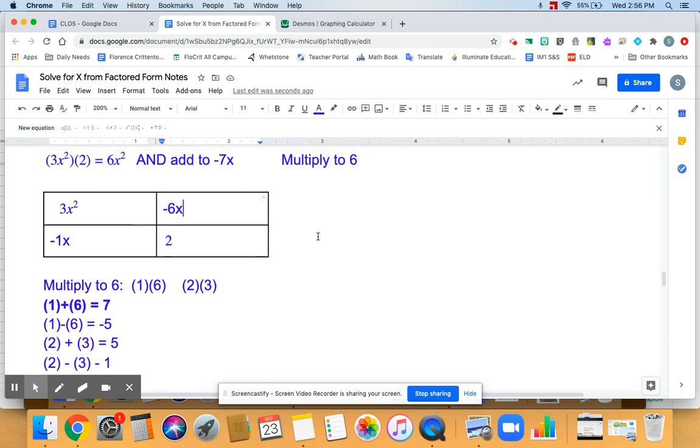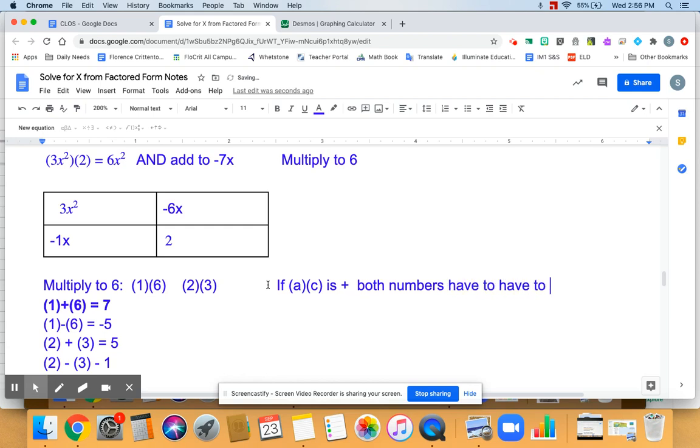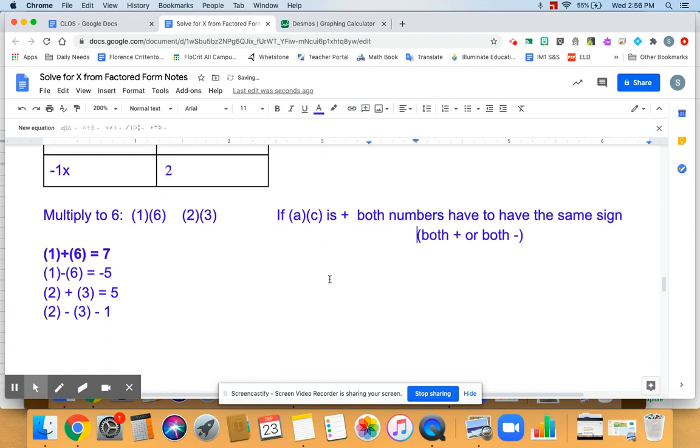So quickly to remind you of the sign rules, if A times C is positive, both numbers have to have the same sign. So they're either both plus or both minus. Because as long as it's the same, a positive times a positive is positive, and a negative times a negative is positive.